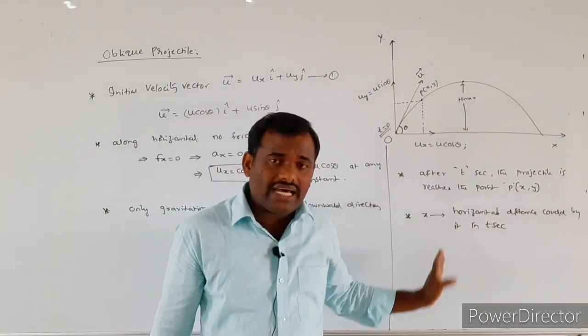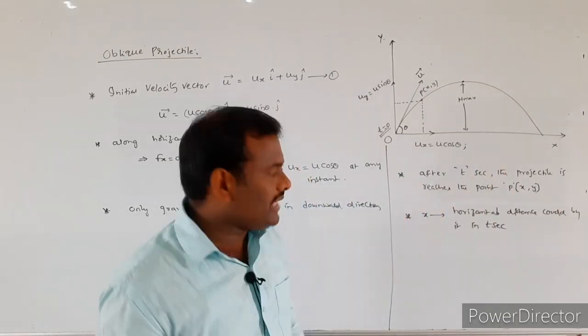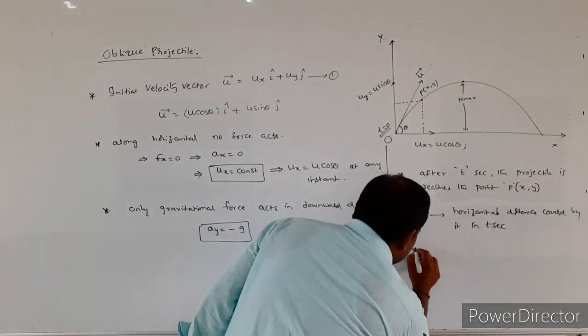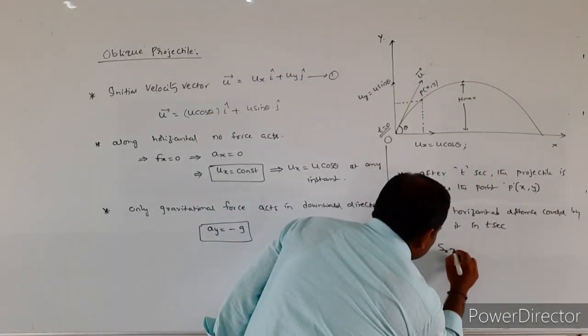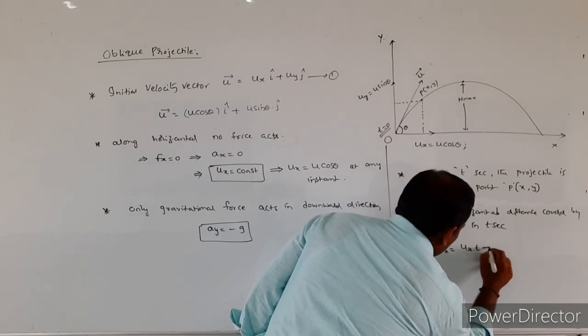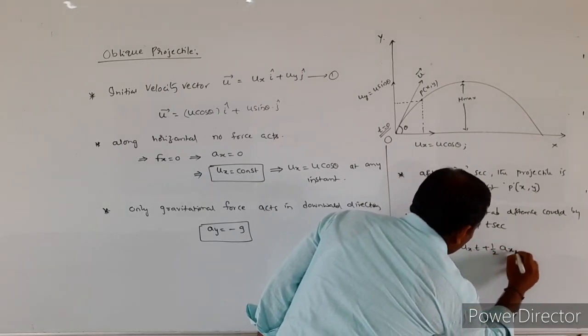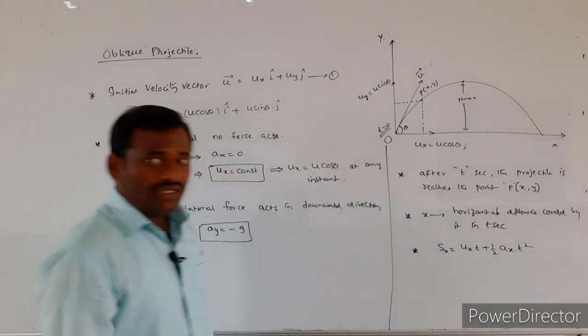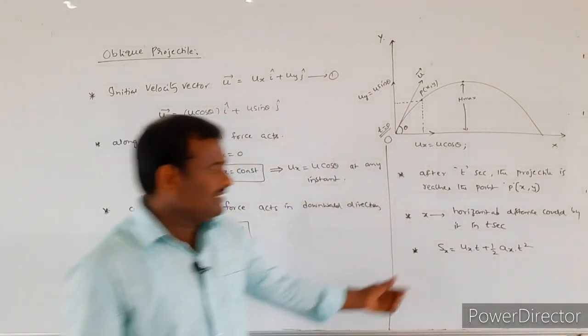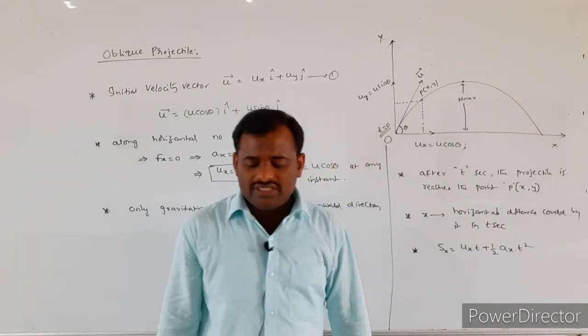X is measured in the horizontal direction. By using the basic equation, Sx is equal to ux into t plus half ax into t square. Which equation did I consider here? The displacement equation, the first equation of motion.